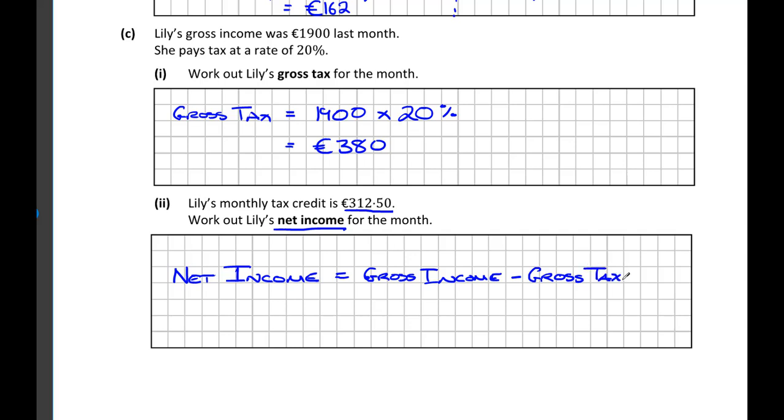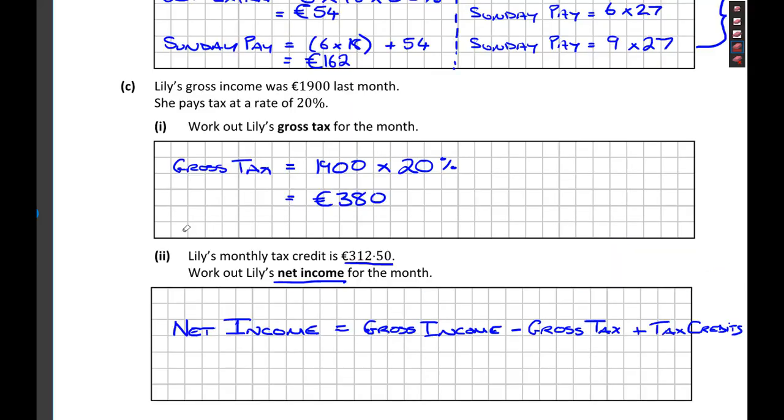If you want to do it your own way, that's totally cool. I might do it a different way myself. Anyway, gross tax and then plus tax credits. So another way to do it would be to take the tax credits away from the gross tax and then take all of that away from the gross income. Anyway, okay, so let's work out the net income.